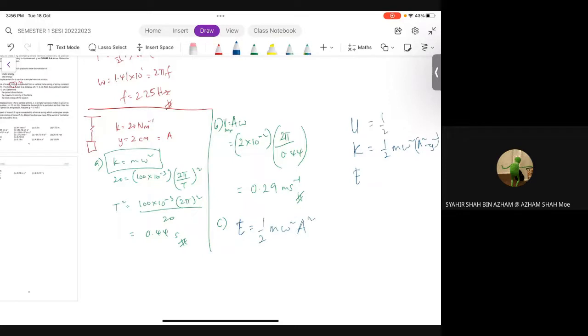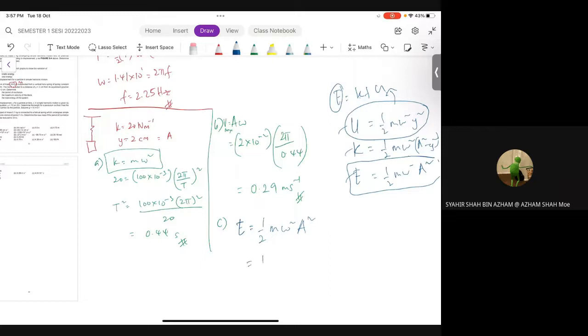U half m omega squared y squared. E adalah half m omega squared A squared. Macam mana saya hafal? Tak susah pun. E sama dengan K plus U. So U ni hafal. So E ni pun kalau awak boleh hafal lah. Tak nak hafal pun tak apa, ada je dia bagi. Tapi kena tahulah U ni apa, K ni apa, E ni apa lah.